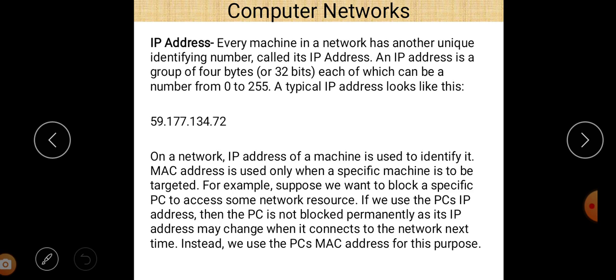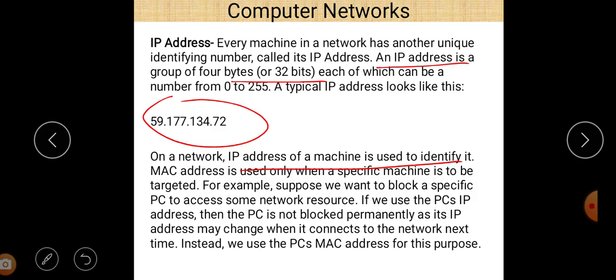It is also a unique identifying address, and it is a group of 4 bytes, 32 bits, and this is an example of an IP address. The IP address is used to identify a machine in a network, and that is the basic difference between IP address and MAC address.